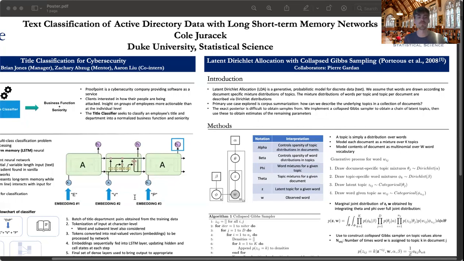Now that we've defined a topic, we'll move on to documents, which is the outermost box on the right side of the plate notation. In LDA, we assume that each document is what's known as a mixture over topics. For instance, we can think of a given document as maybe 20% from topic 1, 70% from topic 2, and 10% from topic 3.